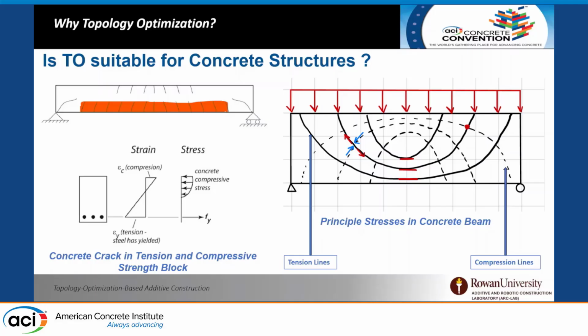So at Rowan, we're trying to envision a system where we print on the compression lines and we add the reinforcement on the tension lines, and we would have anchorages in between them. And you can see on the left a very well-known diagram of how the reinforcement carries the stress until the concrete cracks.